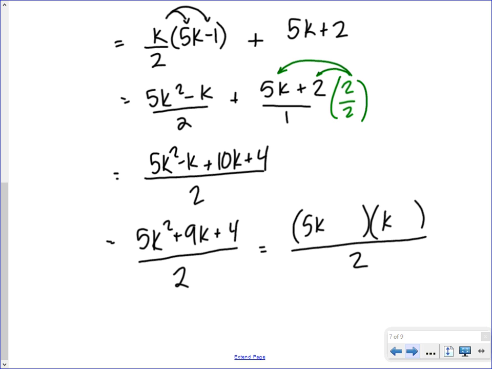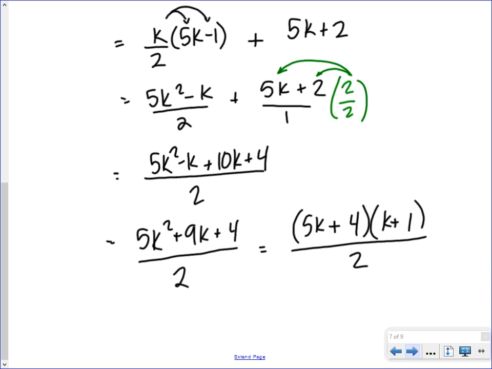And so I'm thinking about 4 and 1. If I put 4 in the first one, 1 in the second one, I get 5k plus 4k, which is 9k. So however you factor, I use guess and check. Well, I've got down to factored form: 5k plus 4 times k plus 1 all over 2.